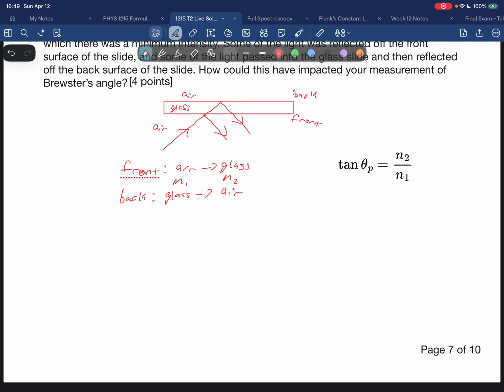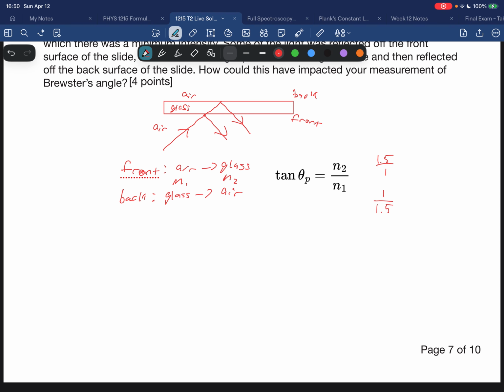So when we look at this, the different reflection points on the front and the back will have different Brewster angles. So for the front, we are going to have about 1.5 over 1. And for the back, we're going to have about 1 over 1.5.